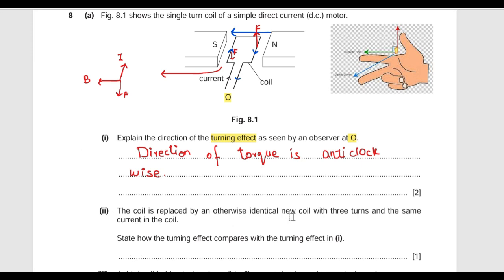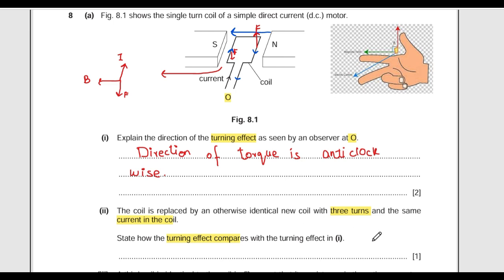Now the next part says the coil is replaced by an otherwise identical new coil with 3 turns and the current is the same. What will happen to the turning effect now if you replace this coil by the coil which has 3 loops? You know that the turning effect or the force depends upon current, magnetic field and number of turns.